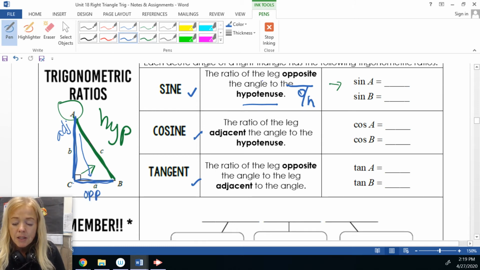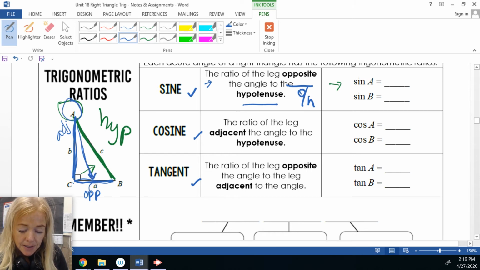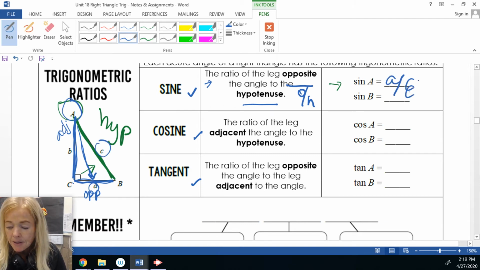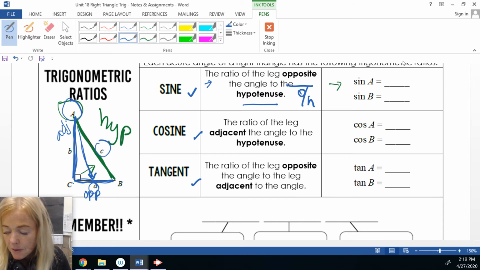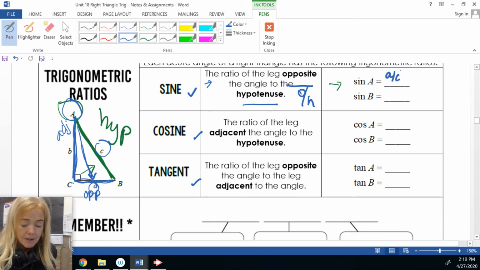So when sine says the ratio of the leg opposite the angle to the hypotenuse, then I go to A, I go to the opposite leg, and I see that's a, and then I go to the hypotenuse, and that's c. So a over c. I'm going to try to write that so I'm knowing it moves, that it gets in the right spot there.